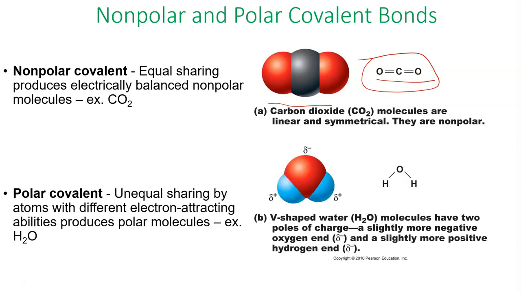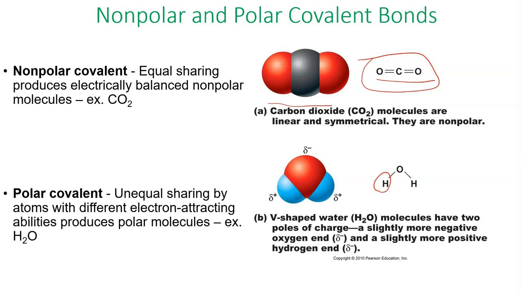Now, water, on the other hand, has polar covalent bonds. And the reason for this is that the sharing of that 1 electron between the hydrogen and the oxygen is not going to be shared as equally, and it has to do with the attraction properties of the atoms. And so it becomes polar.